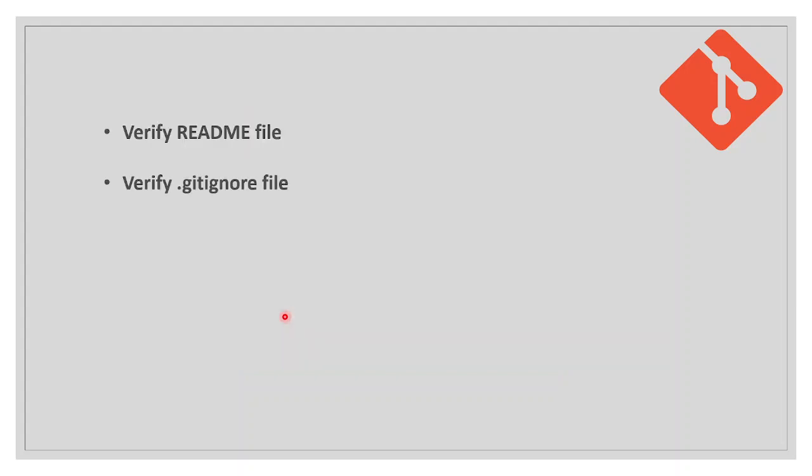Okay. After creating it, just go through these things: verify that the README file is available, and see what common things we are going to provide in the .gitignore file, and what things to add there based on the project.